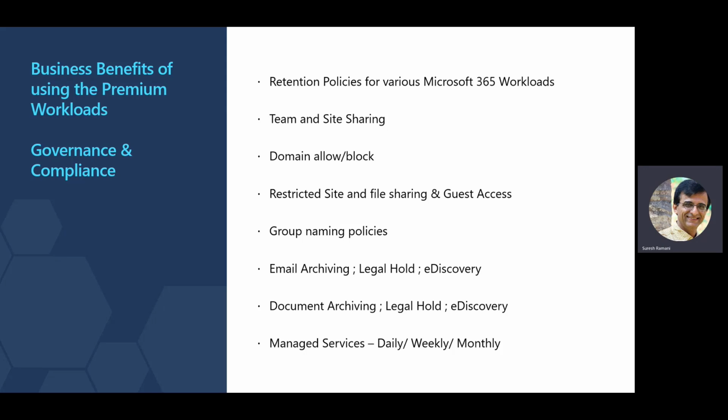Number four is restricted site and file sharing and guest access. There are many controls that enable you to govern how people access resources in groups, teams, SharePoint. These include membership, conditional access, guest access, user management. Number five is group naming policies.